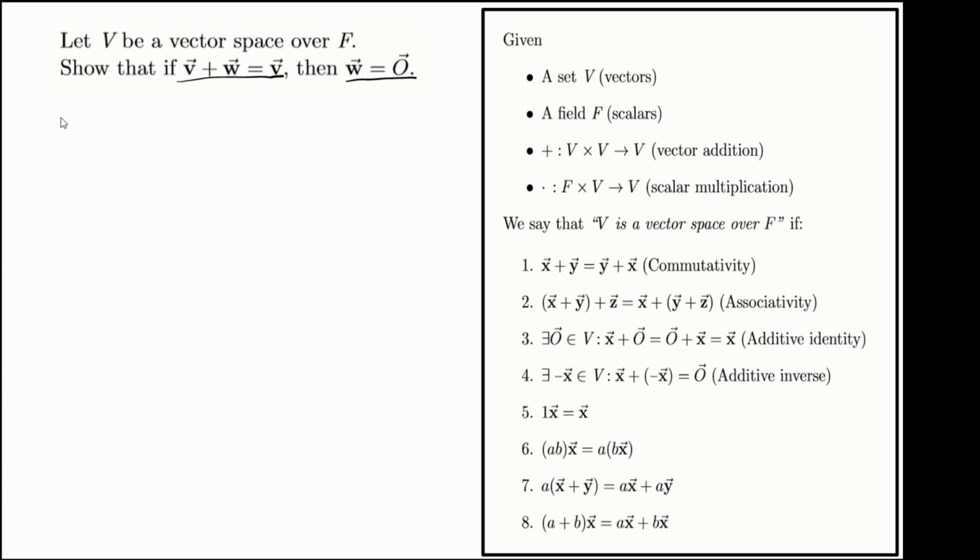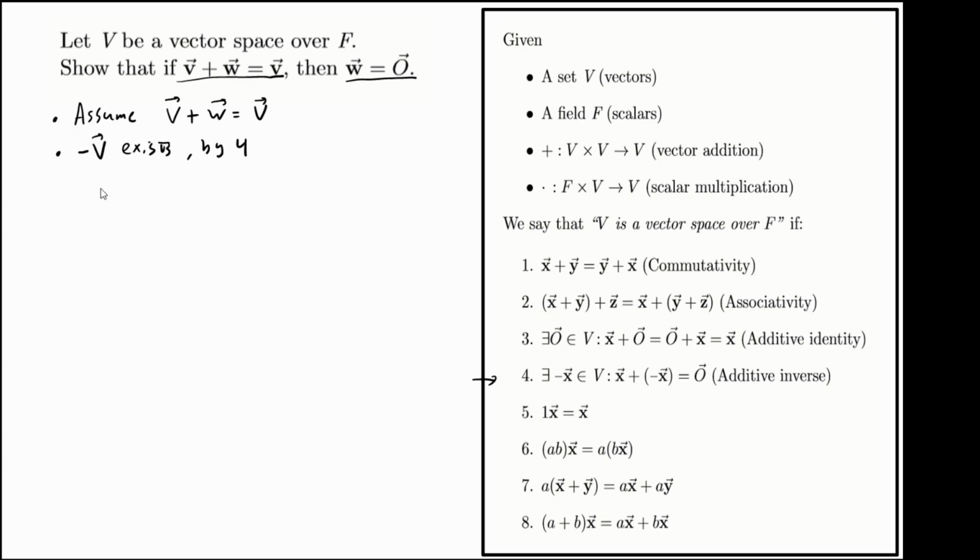So first, let's assume that V plus W is equal to V. Then using property 4, we know that negative V exists. So let's add it to both sides.